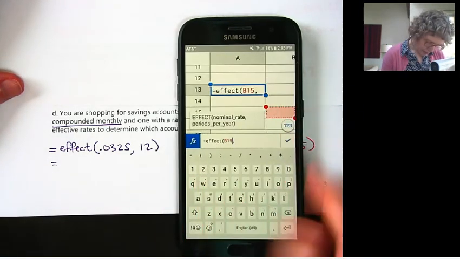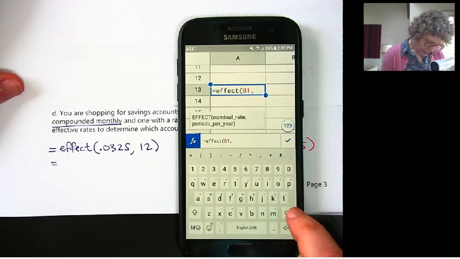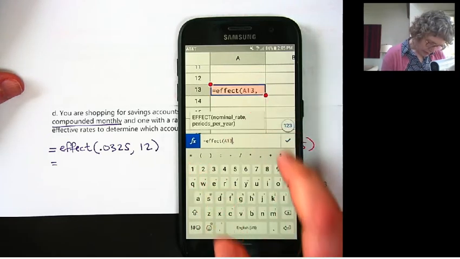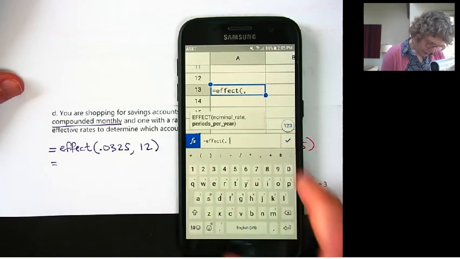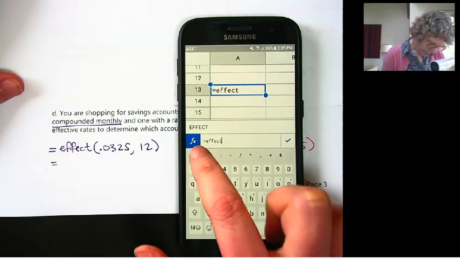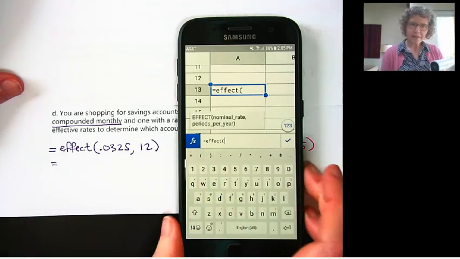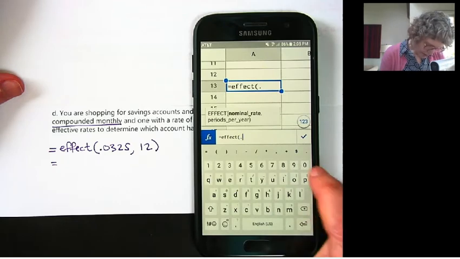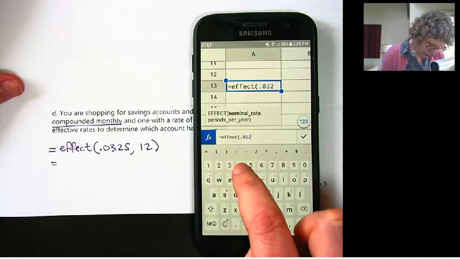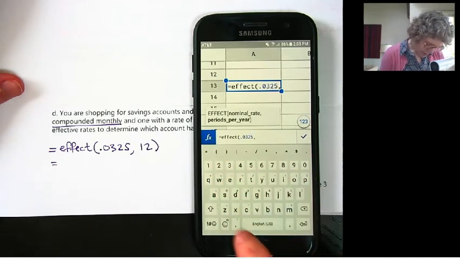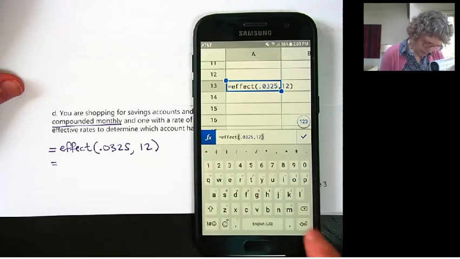Okay, oops, I did not want a cell reference in there. Oops. We'll talk about cell references later on. Okay, so effective rate, 0.0325 comma 12, and that's all I have to do.